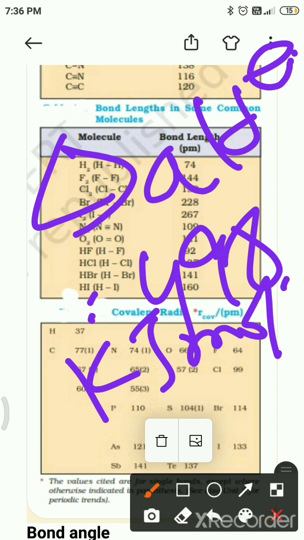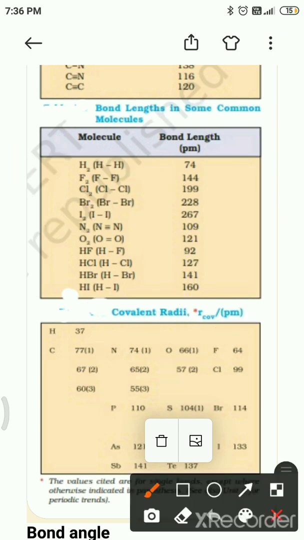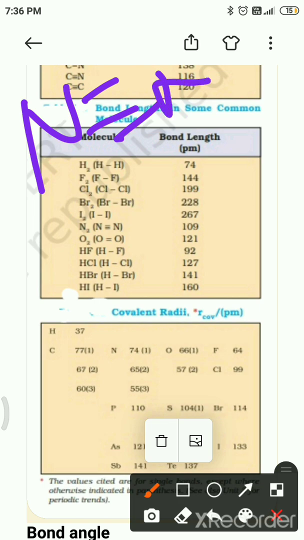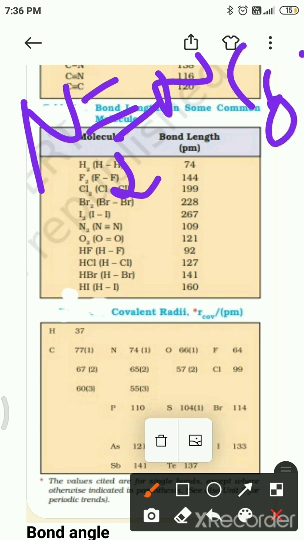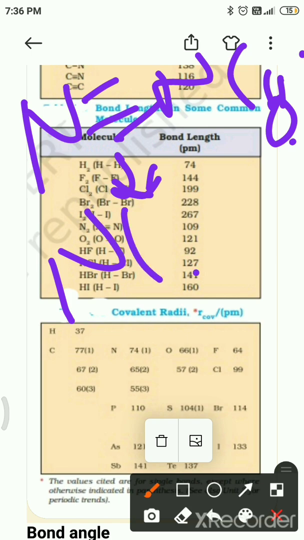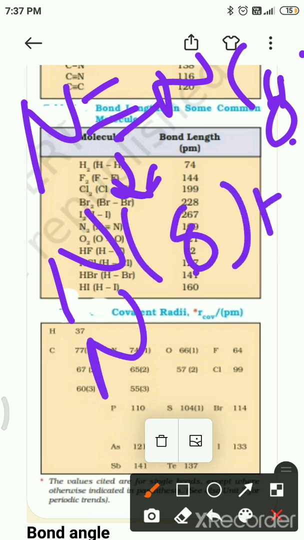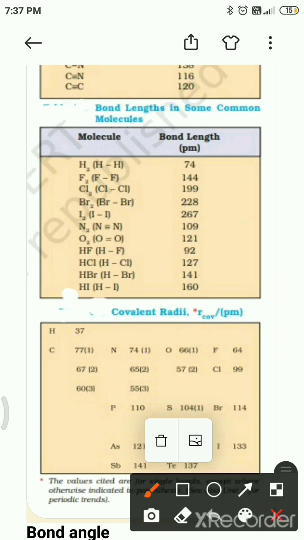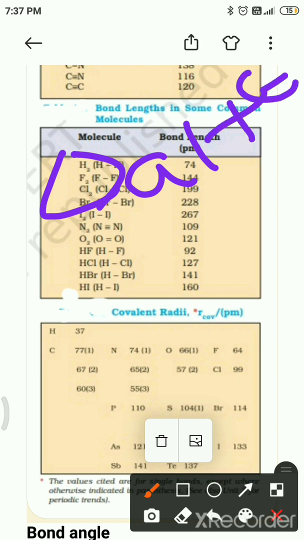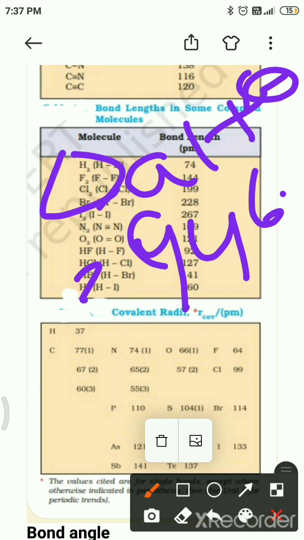Same for nitrogen, having a triple bond, which gives two gaseous nitrogen atoms, so ΔH° is equal to 946 kilojoule per mole.